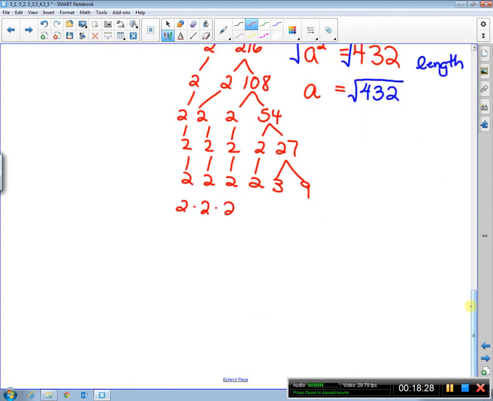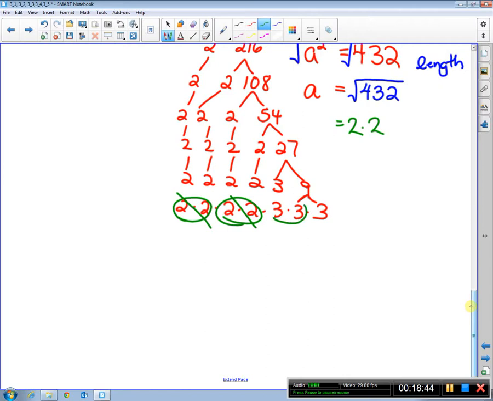So I have quite a big set of numbers here. But I can tell what I am going to simplify out. I have a 2 coming out. I have another 2 coming out. And I have a 3 coming out. And a 3 staying in.